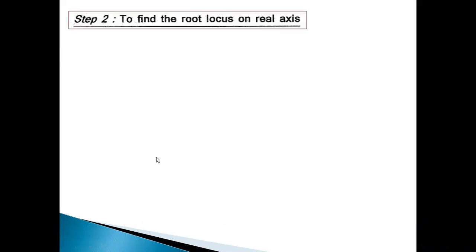Next, step 2 is to find the root locus on the real axis, that means we have to identify whether the root locus is present on the real axis or not. If we follow these steps, we can easily draw the root locus plot.